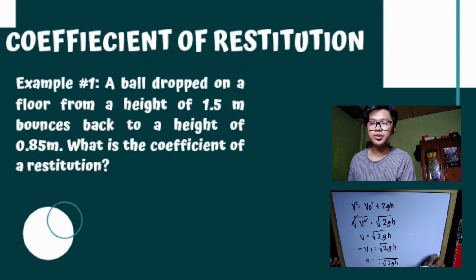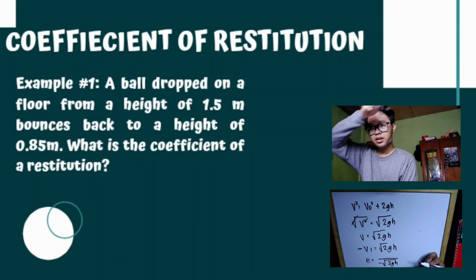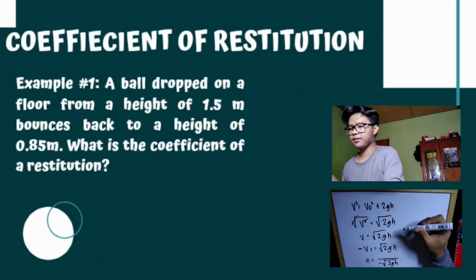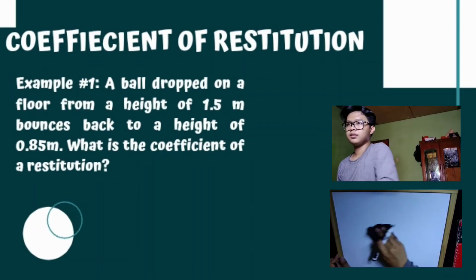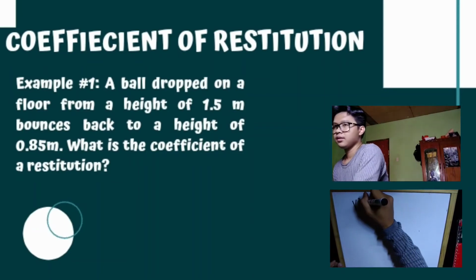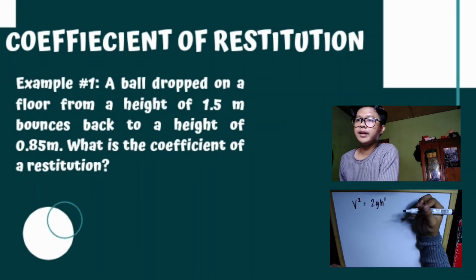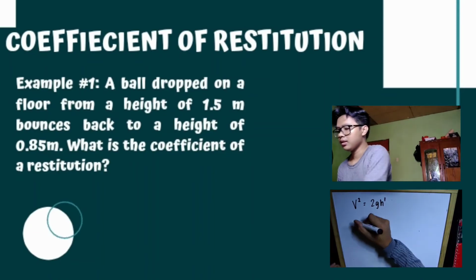Pinag-uusapan naman dito yung v1 prime. So, after the collision, from the formula sa kinematics, ang initial ulit natin is 0. So, we have v squared equals 2gh prime. Height na 0.85 meter. So, height final after collision.